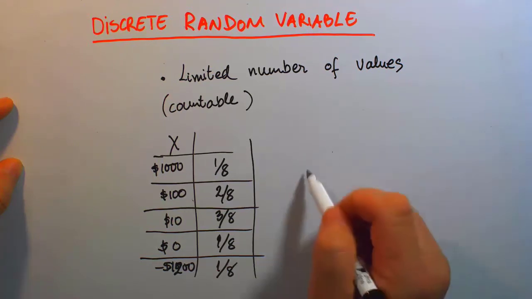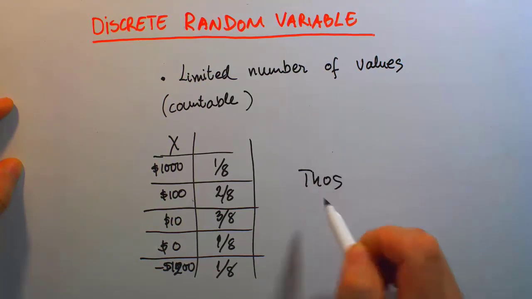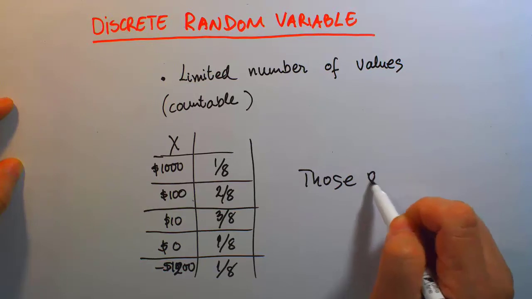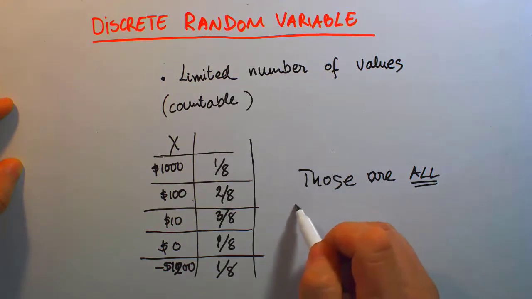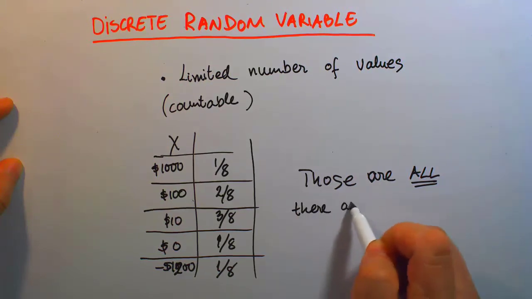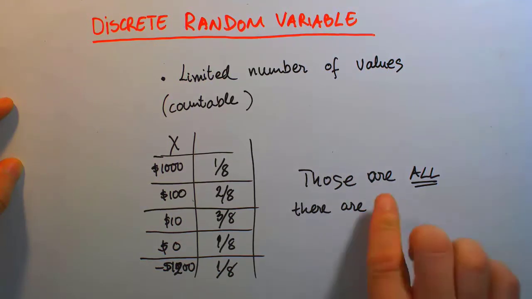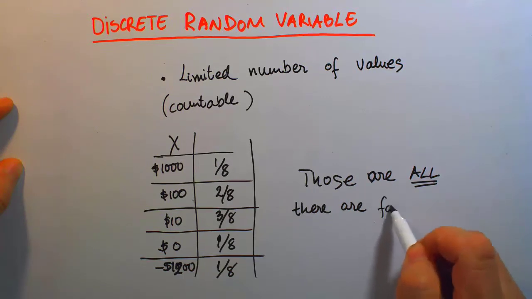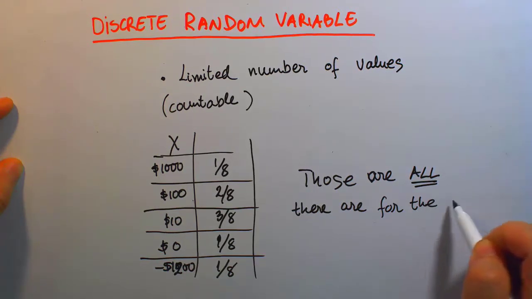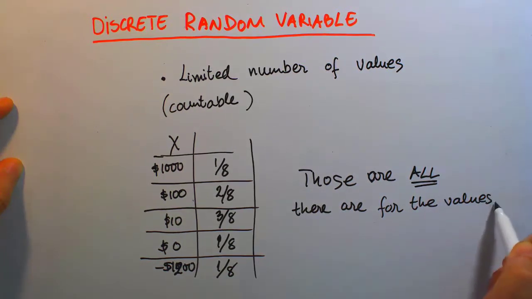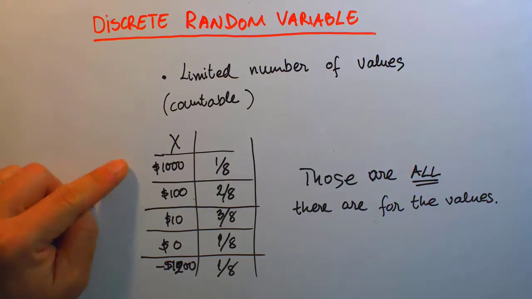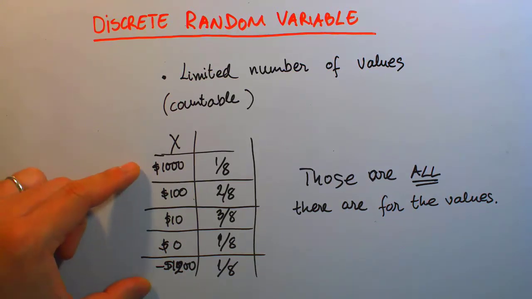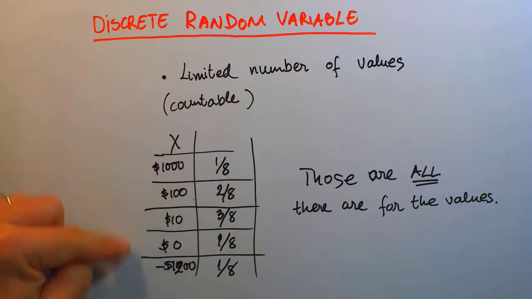But I have to emphasize, those are all the values. What I mean is, according to the way this Wheel of Fortune game was set up, we can only find values among those listed here.